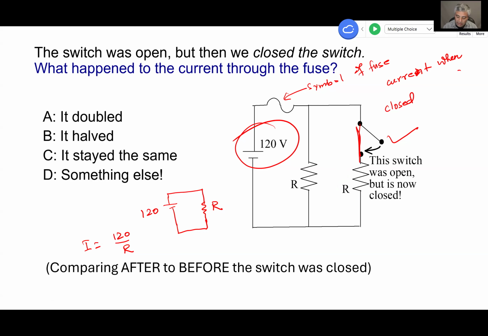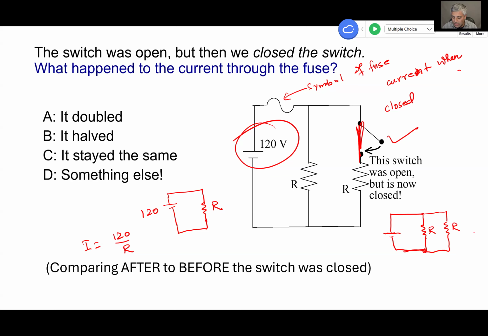So for that, our circuit now is going to look something like this. Or if I were to redraw, it's going to be one going like that, and the other one. So that's what we have now. Both of them are R.